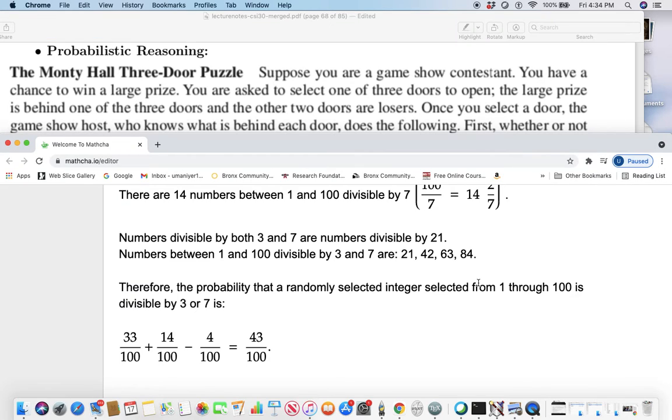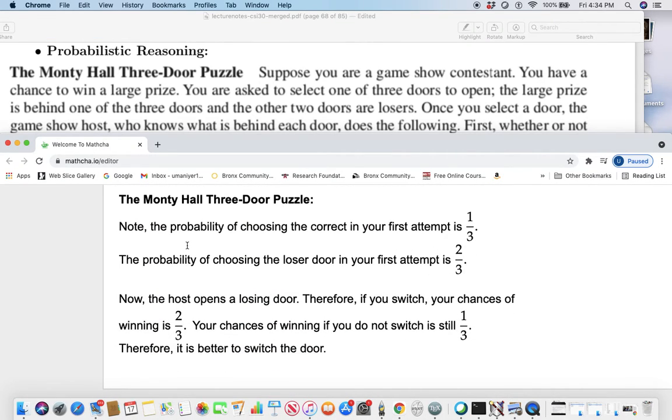But what happens is the following. The probability of choosing the correct door in your very first attempt is 1/3, because there are 3 doors and only one is the correct door. So that's 1/3. On the other hand, the probability of choosing a loser door in your very first attempt is 2 out of 3, because 2 out of 3 doors are loser doors.